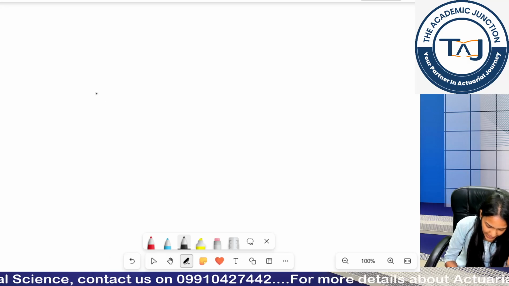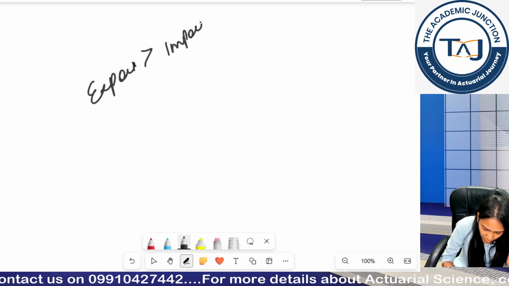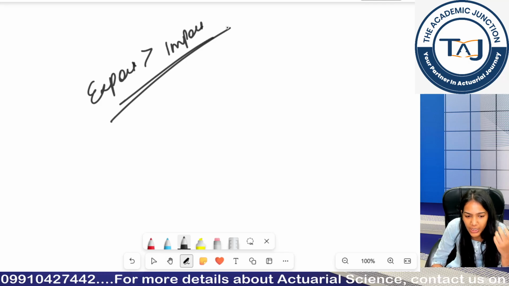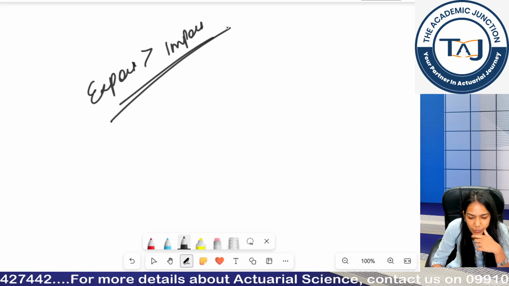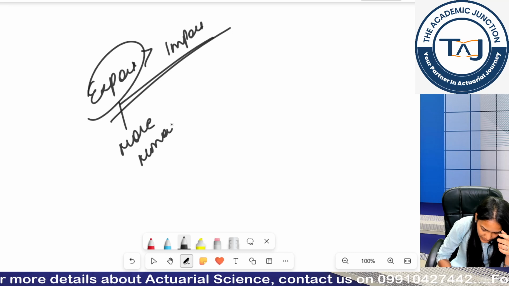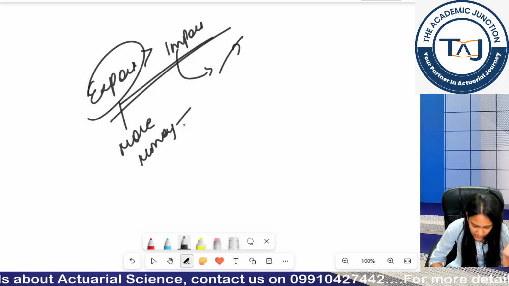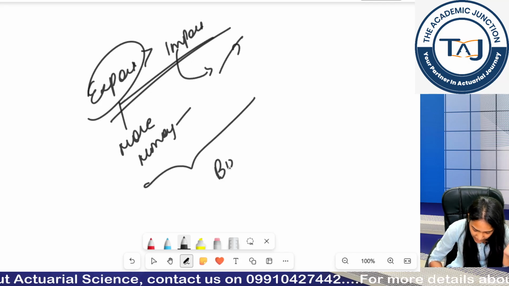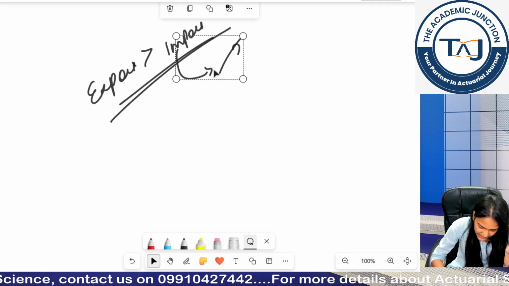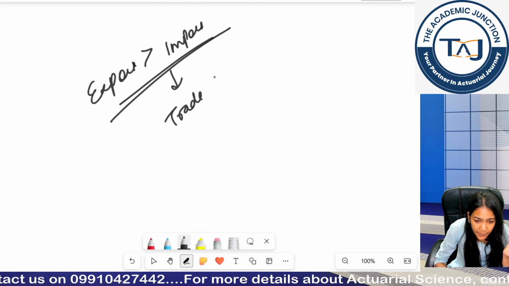So if my export is greater than import, I would be making a positive net cash flow, otherwise I would be making a negative net cash flow. I am getting more money as compared to whatever I am spending. So in this case I will get a trade surplus. Whenever something is in excess, we get a surplus, right? So this is trade surplus.